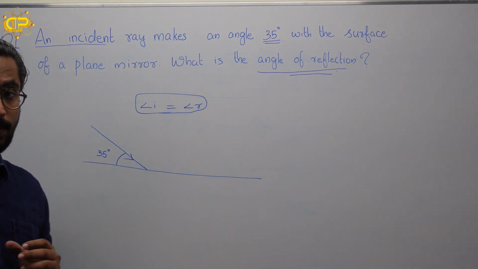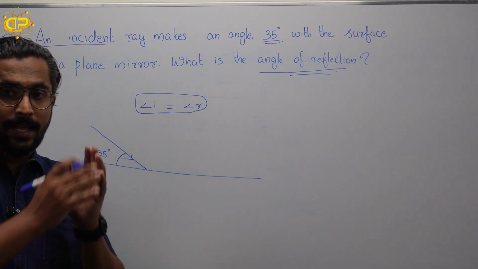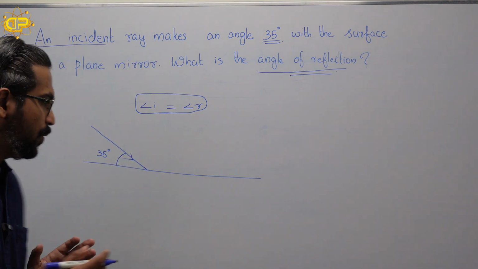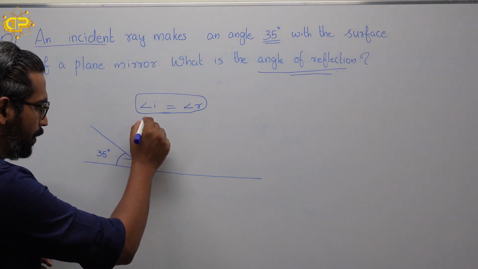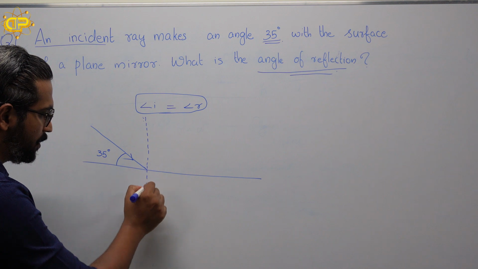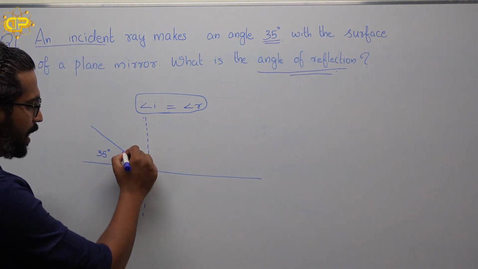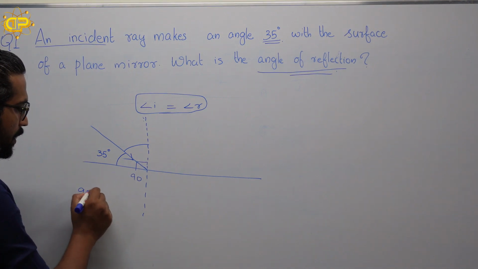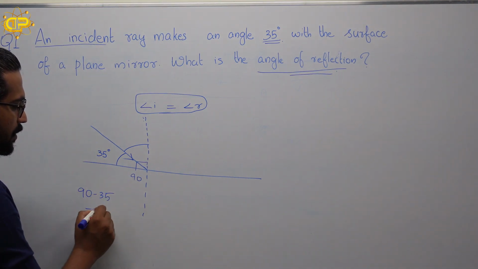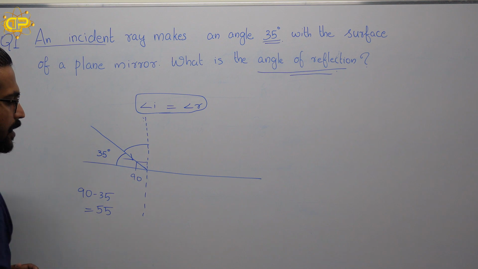Angle of reflection means what? It is the angle between the reflected ray and the normal. So if I'm drawing a normal here, this will be 90 degree. So obviously this angle will be 90 minus 35, which is nothing but 55 degrees.